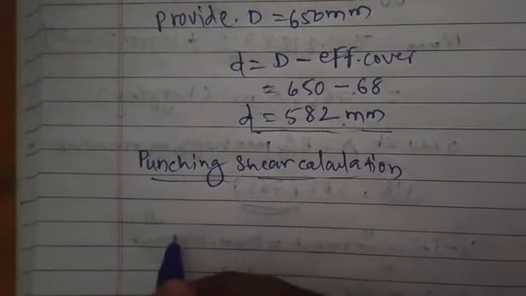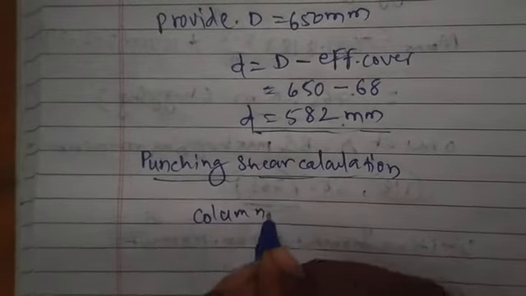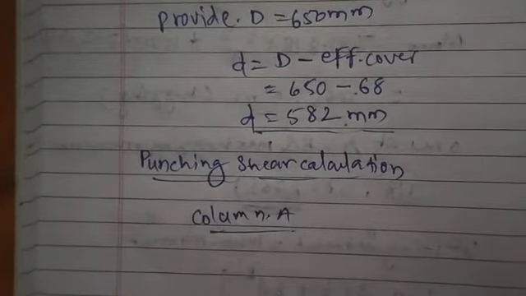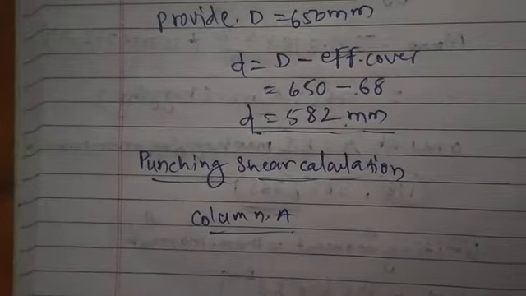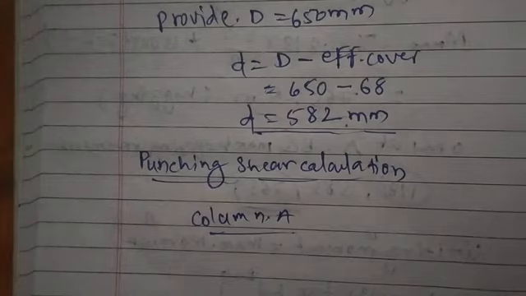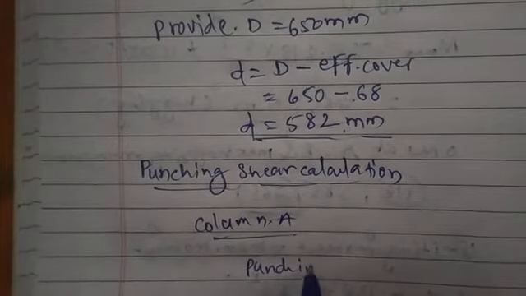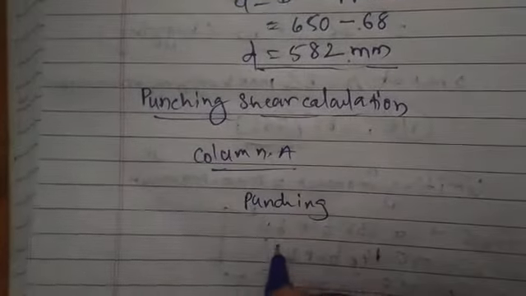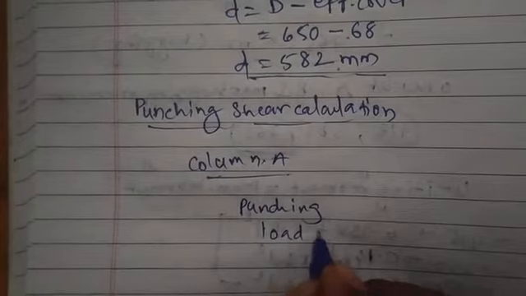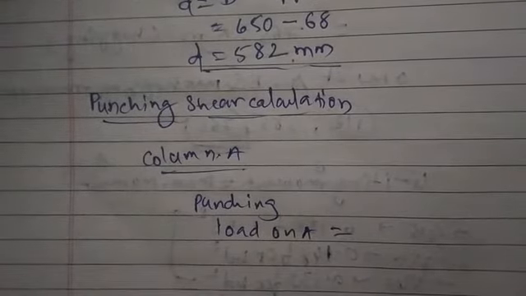So first of all we'll do shear calculation for column A. For that we need to calculate the punching load on column A, or due to A.